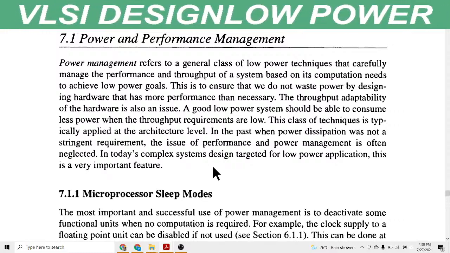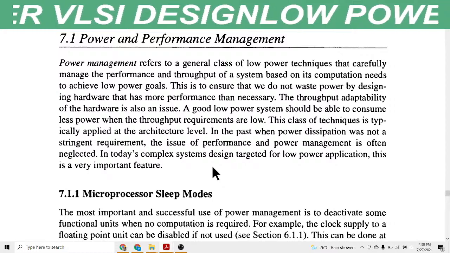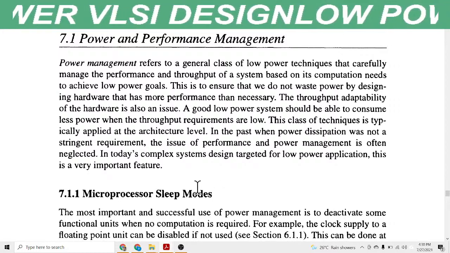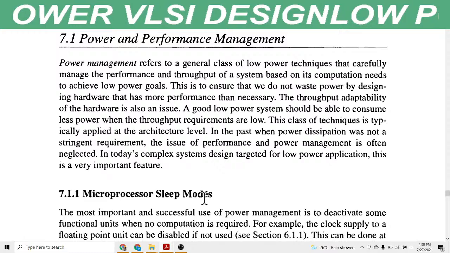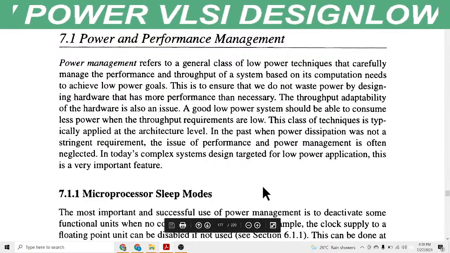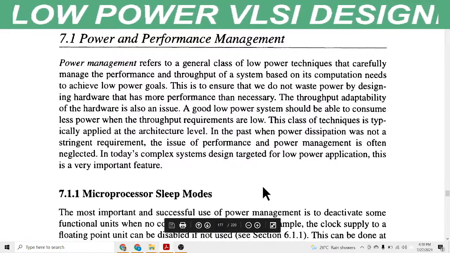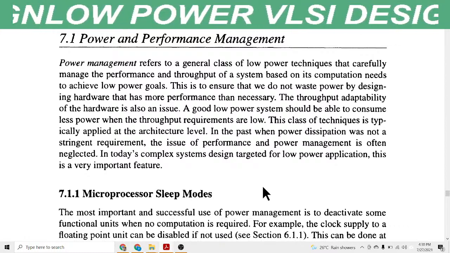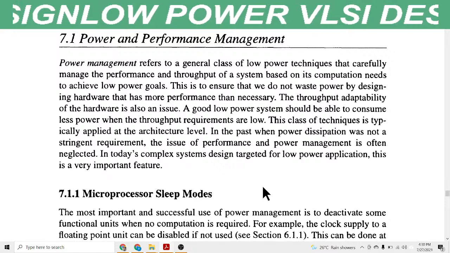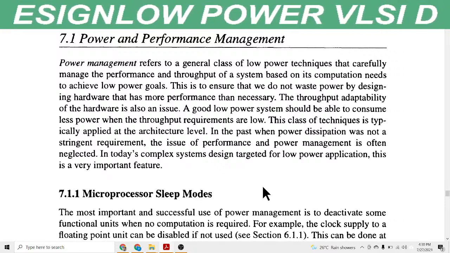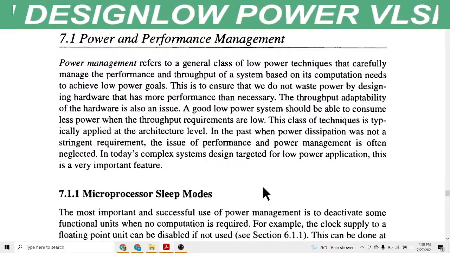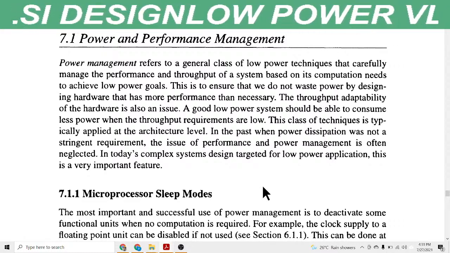Okay, so this adjustable technique is typically applied at the architecture level. So where is this power adjusting technique applied? In the architecture level. When we design the architecture of the circuit, at that time this power management adjustment is required there.